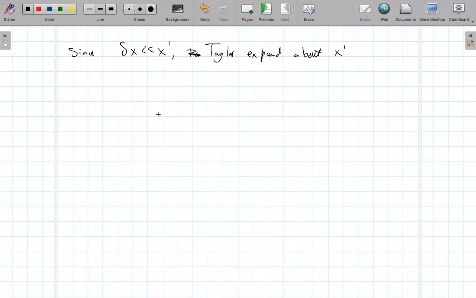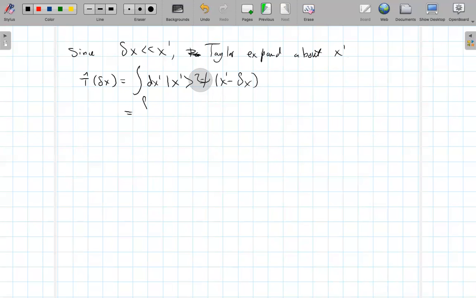What I mean is that T(delta x)|psi>, which is equal to the integral dx prime of |x prime> psi of x prime minus delta x. Good. So let's do a Taylor series expansion of this.